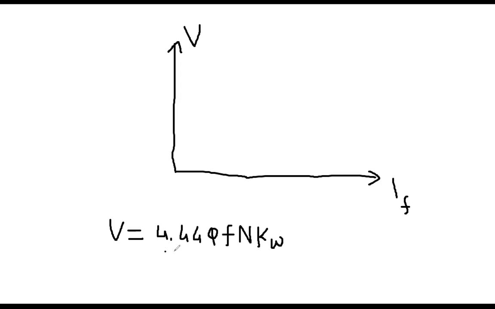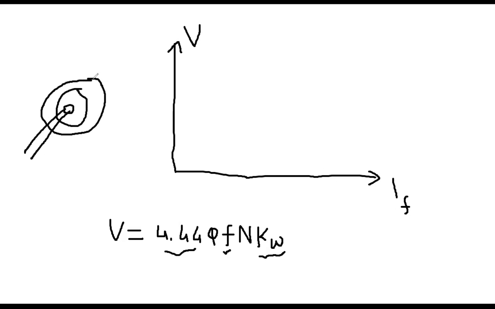Frequency is a constant factor. For a specific generator, this number will be constant. So the main things are phi, and then your number of turns. You see, this is the speed, and for example, I'm showing just one phase of the generator on the stator.